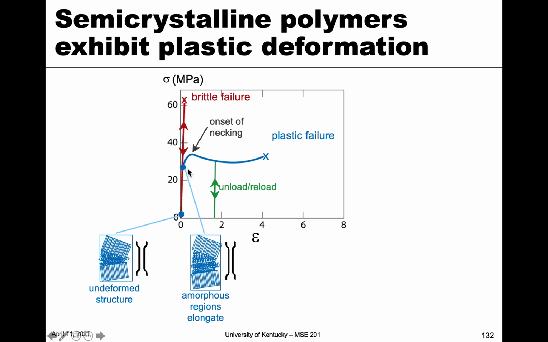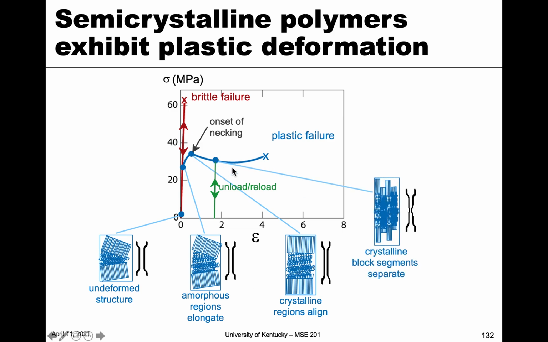So up here, right before necking, we're moving all the amorphous regions. And then at necking, this is where the crystalline regions are aligned. And basically, the amorphous region has extended kind of as much as it can, right?